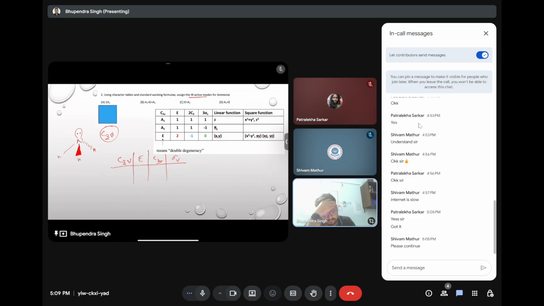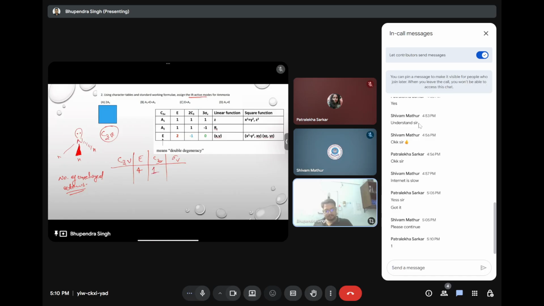So let's find out. First we need to find the number of unchanged atoms. For E, all the four atoms will remain in their position, and for the C3 axis, how many? Tell me, how many atoms will remain unchanged? One, yes, one.